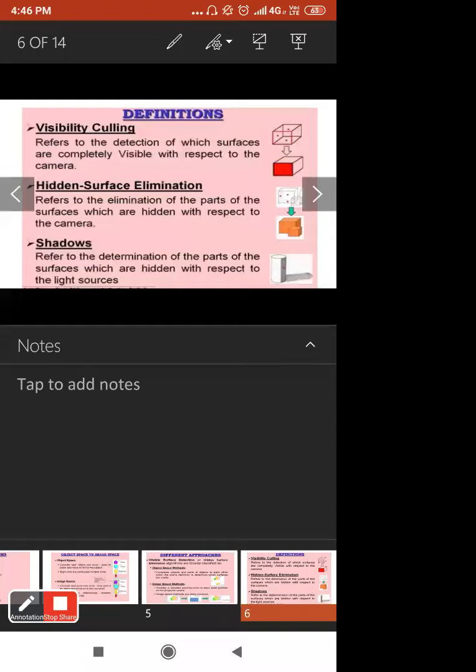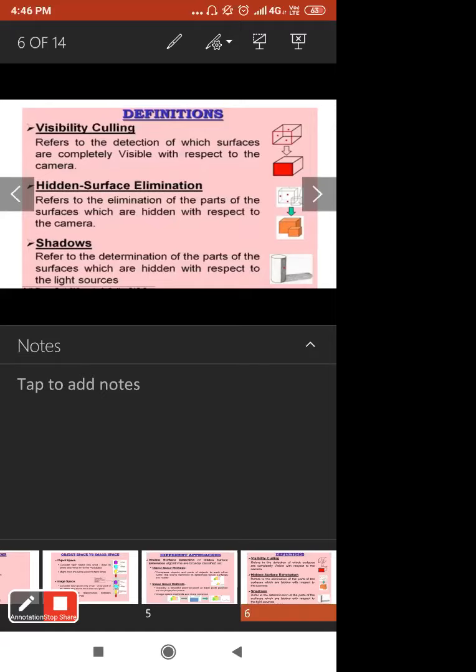These are not visible from the viewer's point. And the red surface in this diagram is the only one seen by the viewer. That means it is a front surface of your object and that is visible. So that is one of the definitions of visible surface, also called visibility culling.